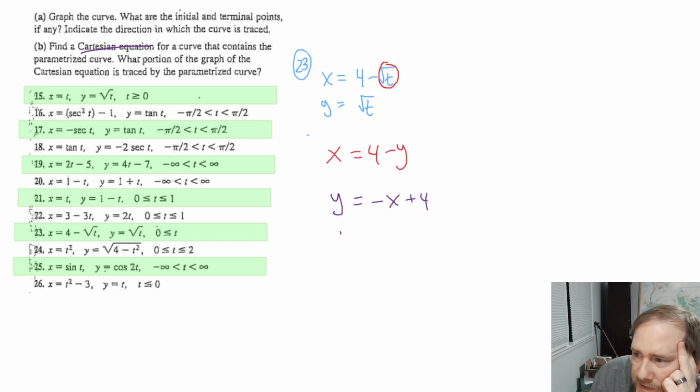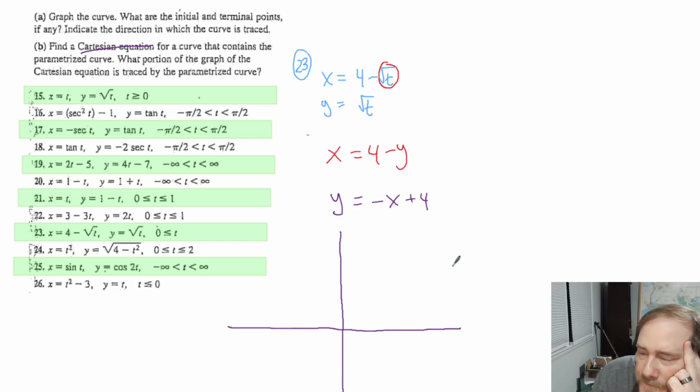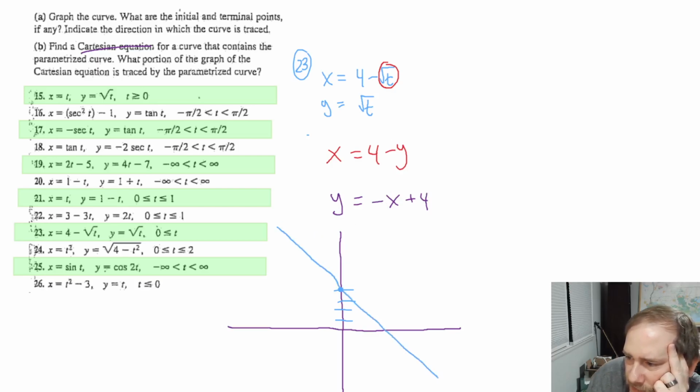But are we going to inherit any restrictions? Well, yes, we certainly are. Because you would think this line hits the y-intercept at 4 and has a slope of -1. So you'd think that this line has a domain and range of all real numbers. But of course, that's not true.